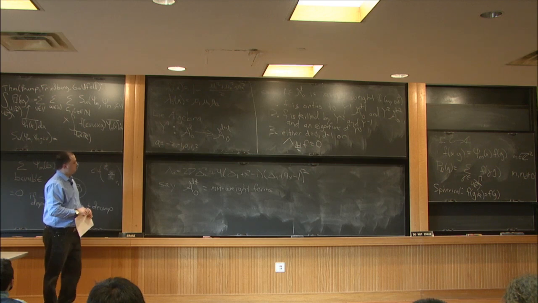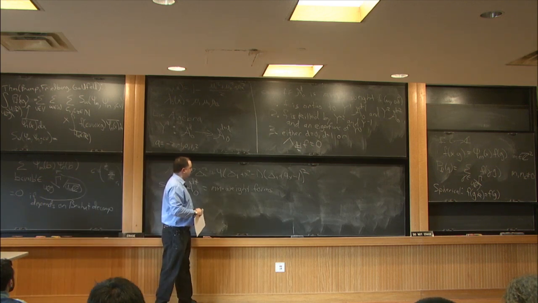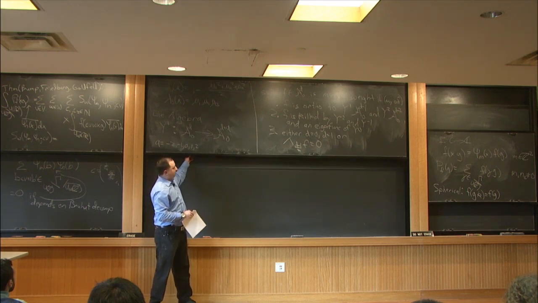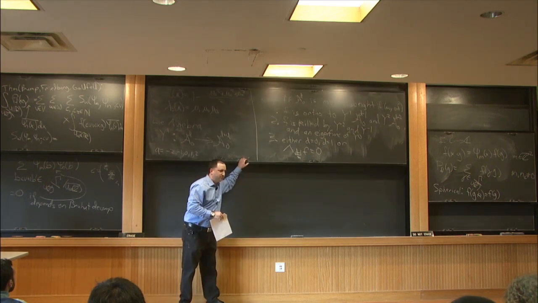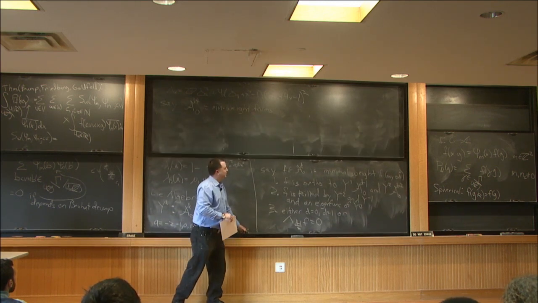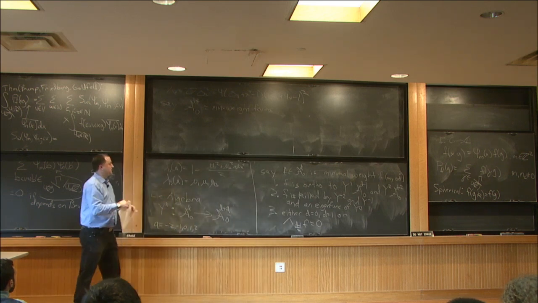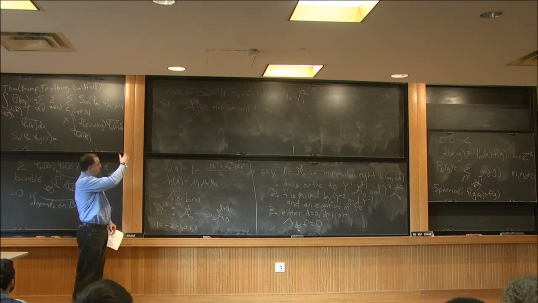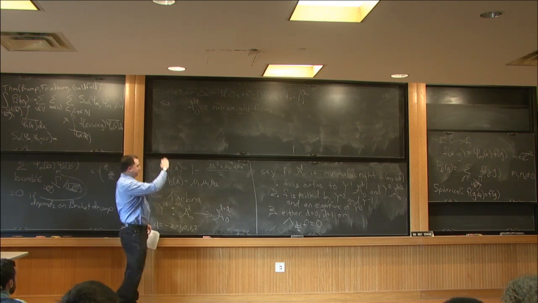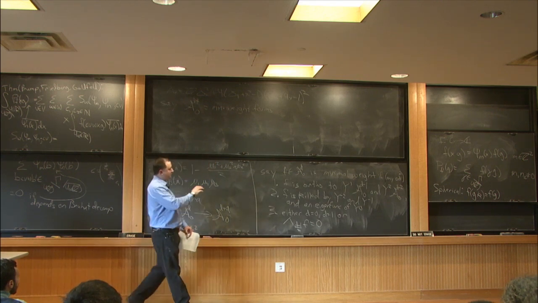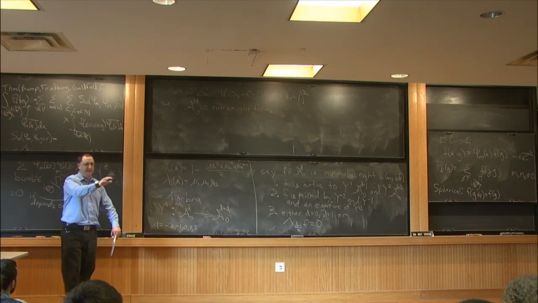Shalika's multiplicity. How do you say that? Is it Shalika or Shalika? Shalika. Okay. Thank you. Shalika's multiplicity 1 theorem basically says that for forms of the form that I'm talking about, their Fourier coefficients lie in the span of the Jacquet integral.